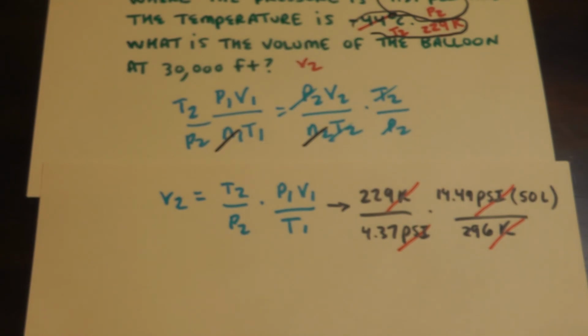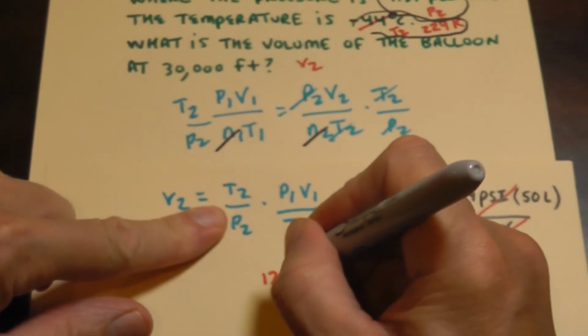And, you know, weather balloons do expand when they go up there. Oh, I might have spoiled it, darn. 14.49 times 229 times 50 divided by 4.37 divided by 296. And I got 128.26 liters.